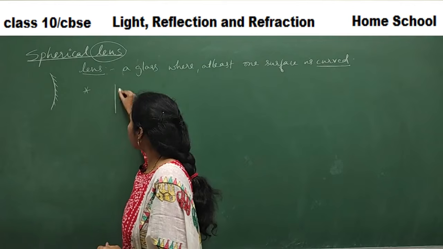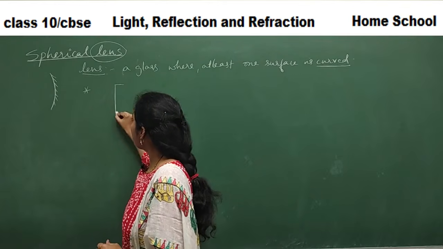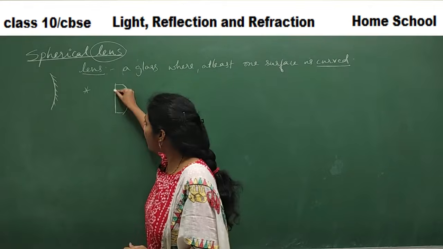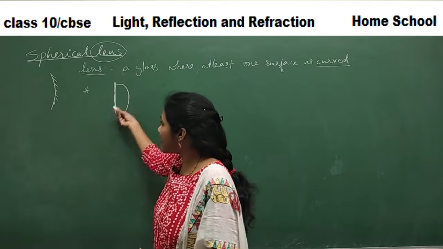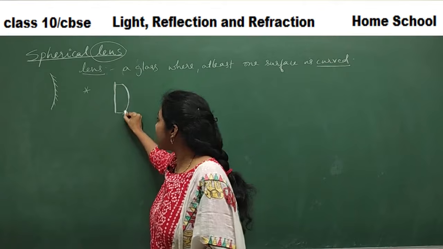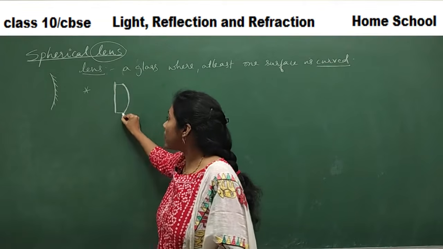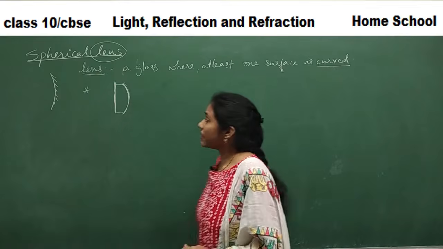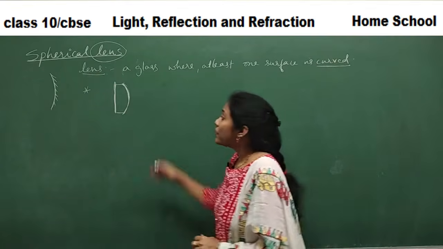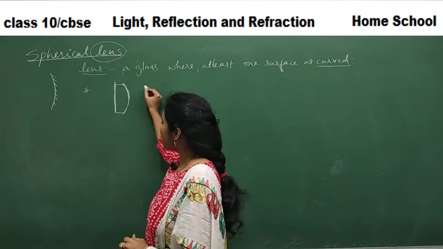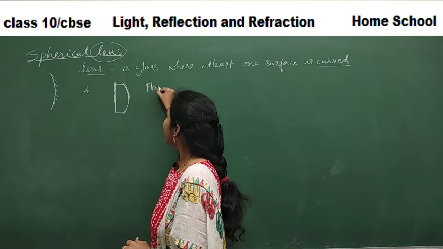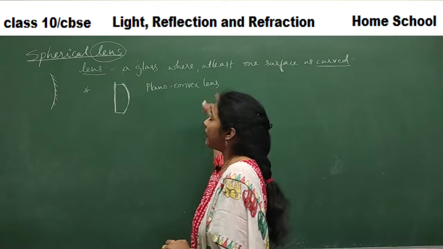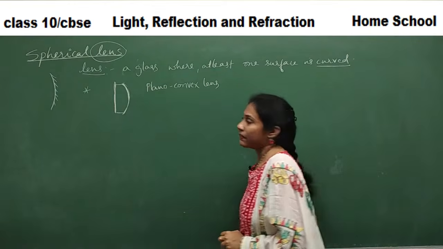Observe carefully. This can be called a lens. It has two surfaces. One is plain, but the other side is curved. Curved outside, right? This type of lens we call a plano-convex lens. Clear?